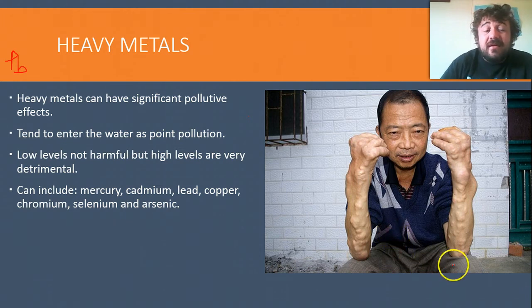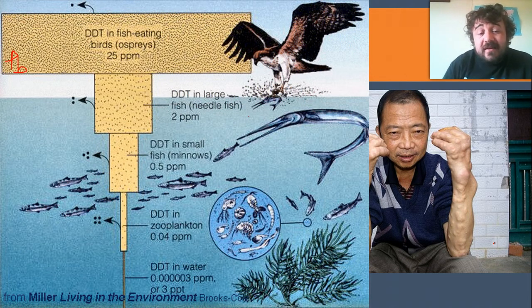This is a guy here who has rather large levels of cadmium poisoning. And this is from a village in China where one factory in particular was leaching cadmium into its local water source. And how did it get to affect this guy so severely? Well, essentially it's this.